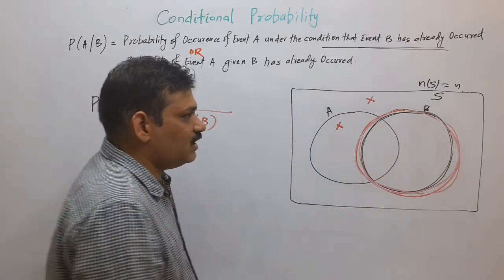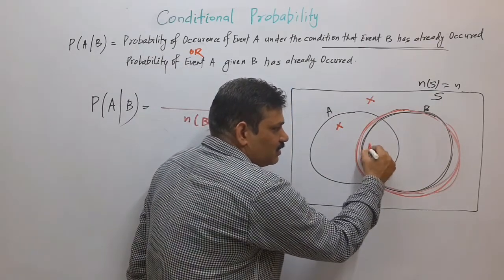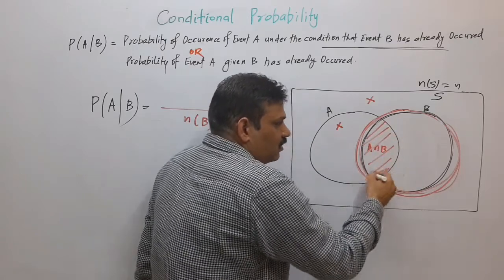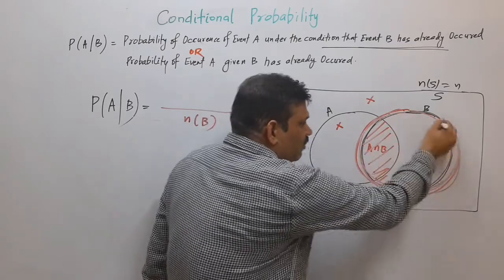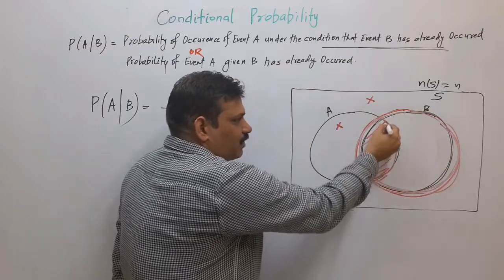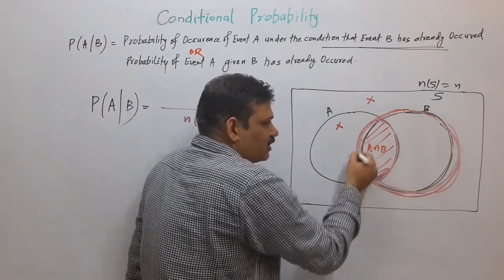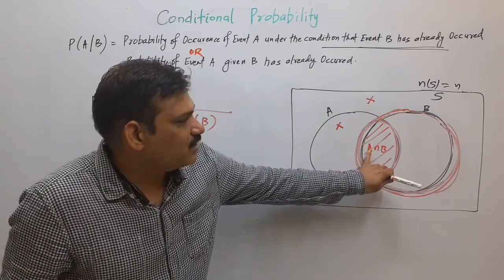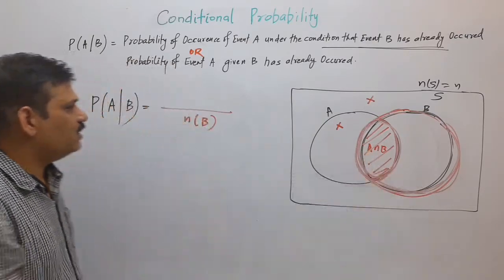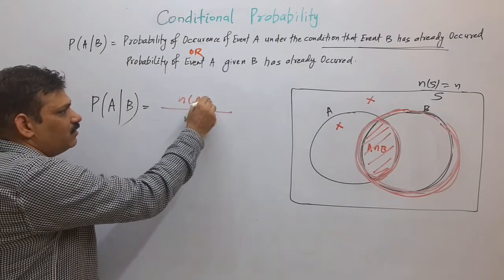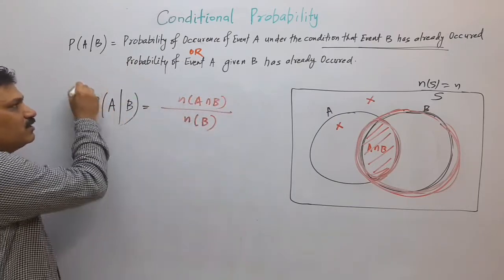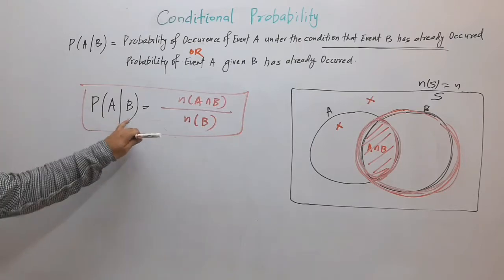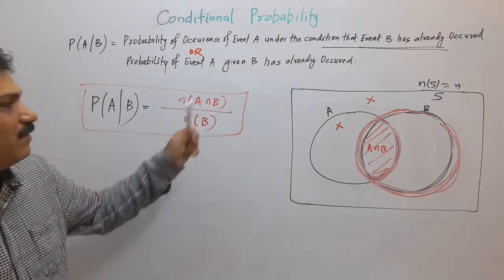Out of this, A has happened here. This actually is A intersection B, this part. If B has already occurred, then the sample points in favor of A are these. Suppose the number of elements here is the number of elements in A intersection B. So this is how we can define the probability of A given B in terms of number of sample points.